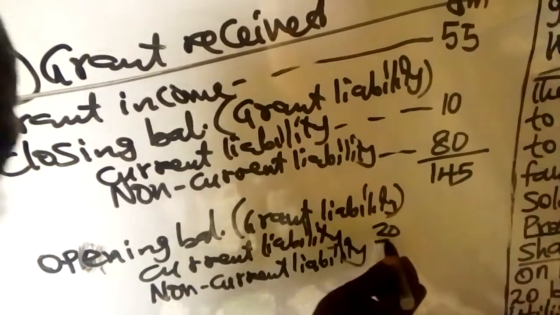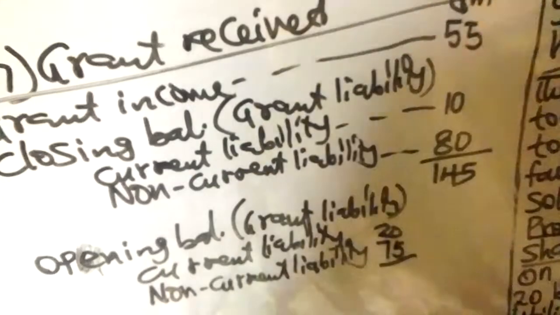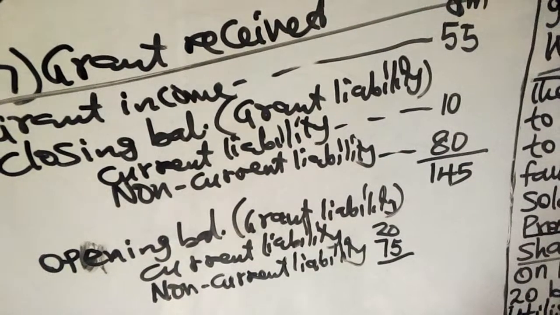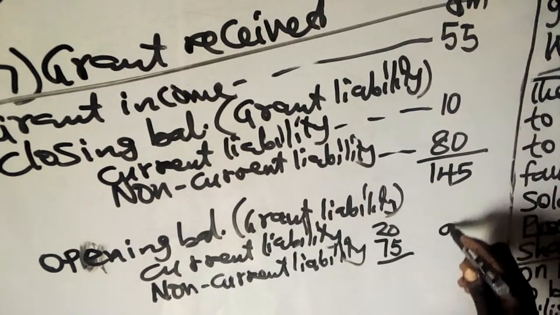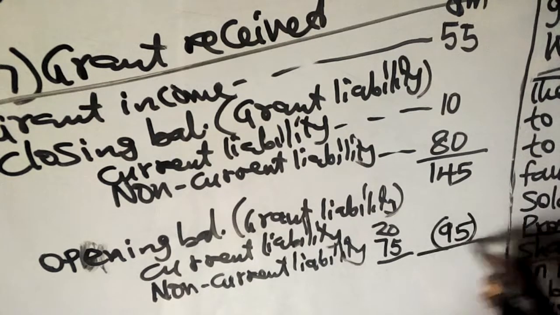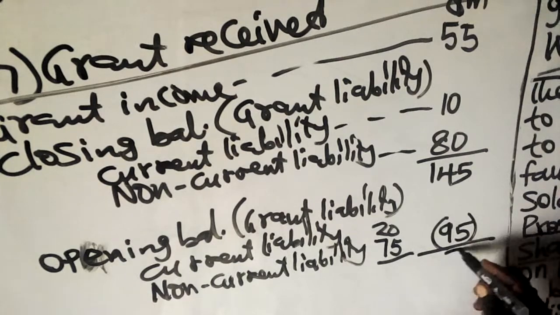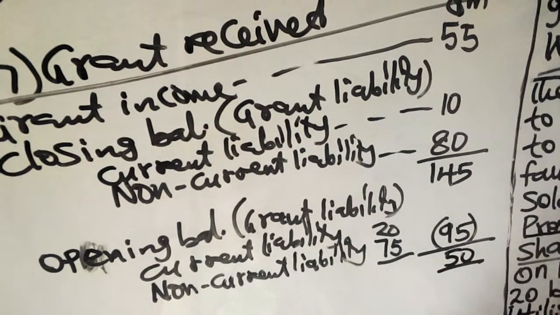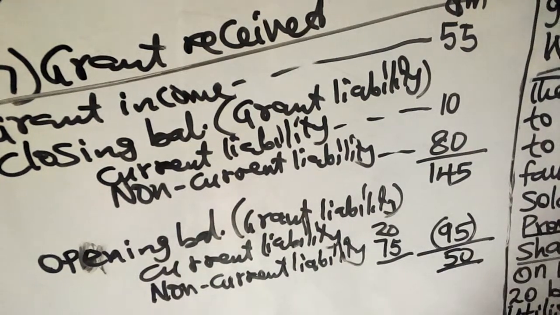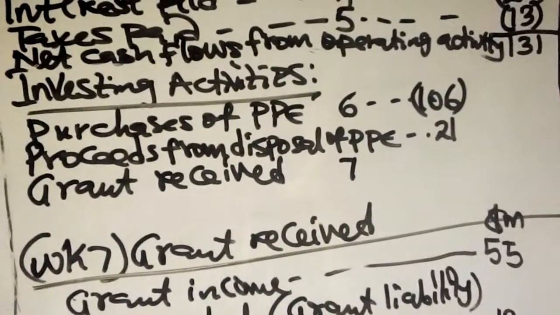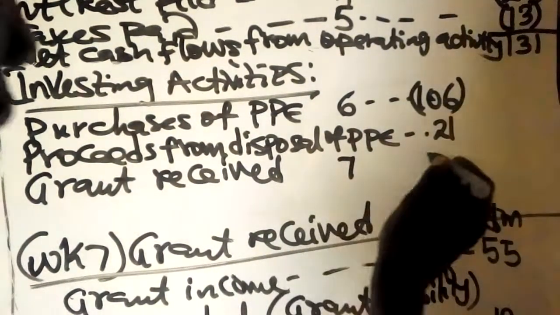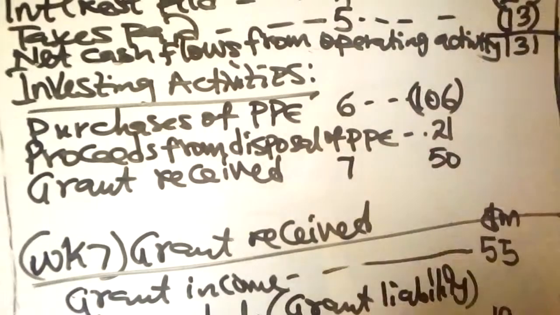So if you have 20 plus 75, that will give us 95. If you subtract 95 from 145, then the grant received will be 50. So this will be recognized as investing activity. So grant received of 50 is an inflow.